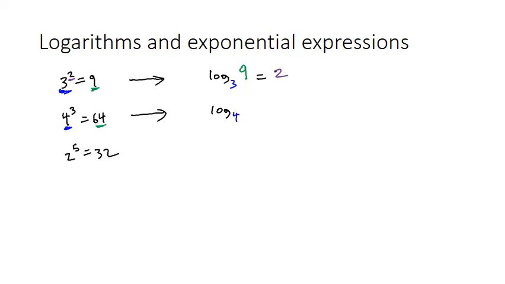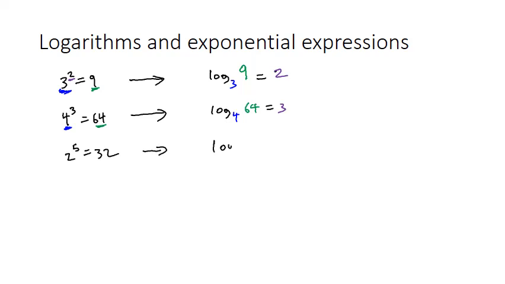So log base 4 of 64 is equal to, and remember, logs are powers. So what power would we raise 4 to in order to get 64? That power is 3.